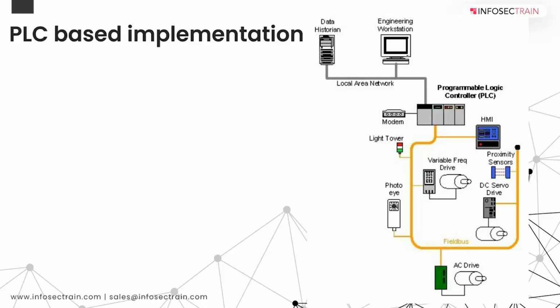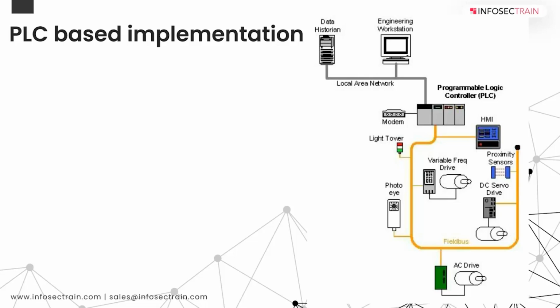For example, like I told, it was an assembly line, right? That could be multiple assembly lines, and the topologies of the network architecture differ when we compare with SCADA or DCS. The reason being, there is no central control server, and of course no HMI, right?